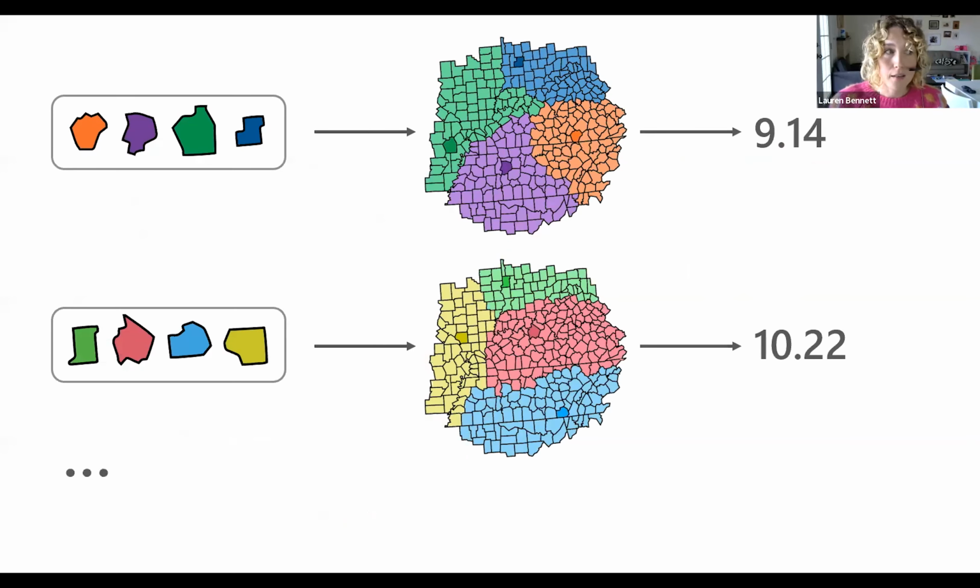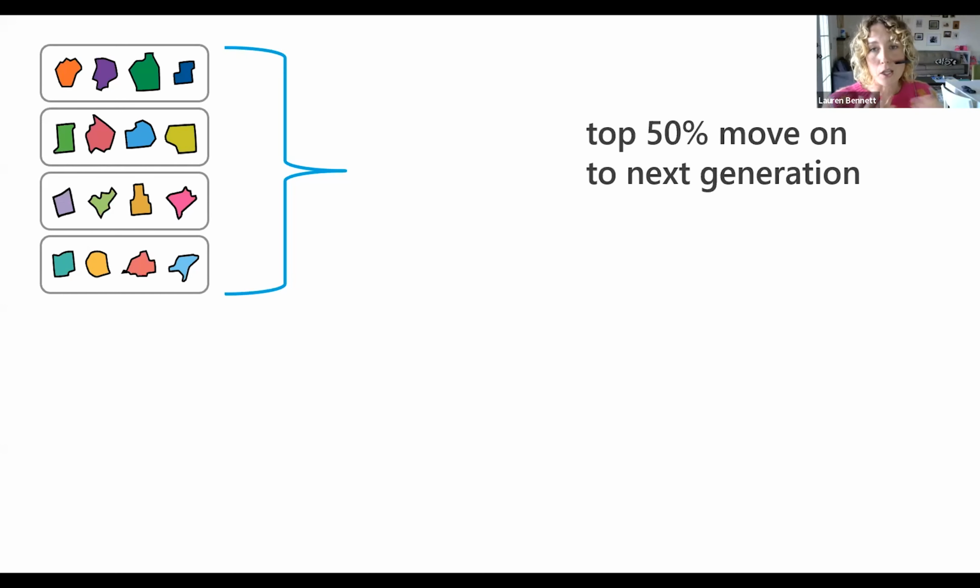It does that over and over again for a number of different potential solutions, and it scores them. Each of them will have a fitness score, and the lower the fitness score, the better. What we do is take the top 50% of fitness scores, meaning the lowest ones, and they move on to the next generation.